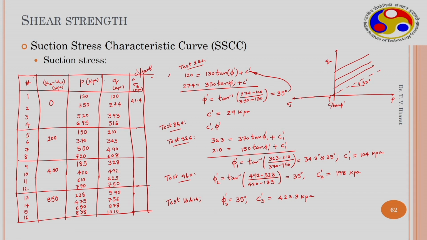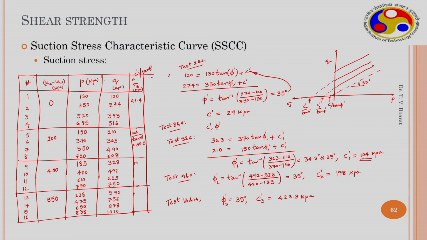and for the second set of data, this is C1 dash by tan phi dash. C1 dash is 104 by tan phi dash, which is 35. This is 148.5, and for the next set, this is again C2 dash by tan phi dash.